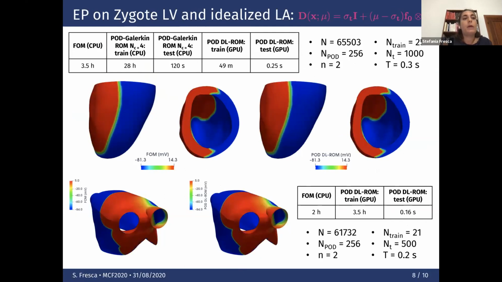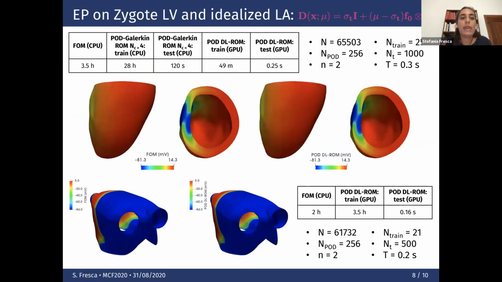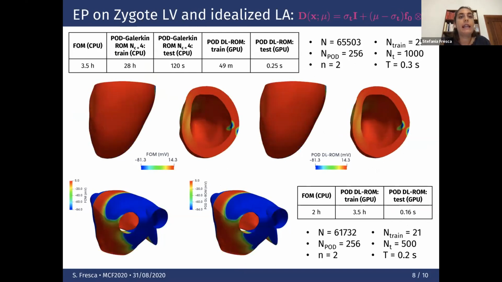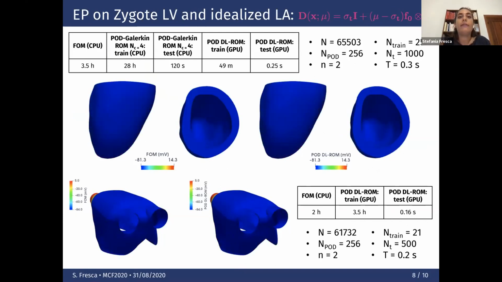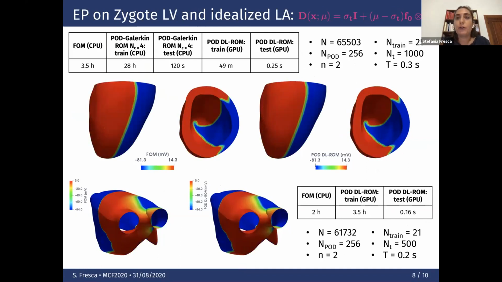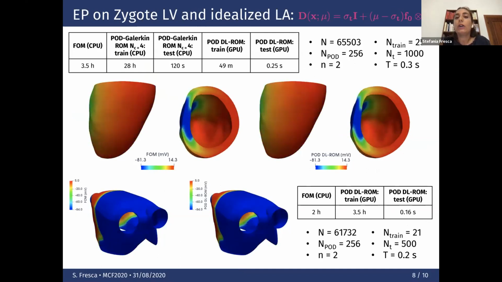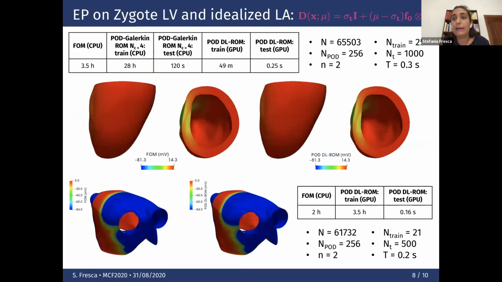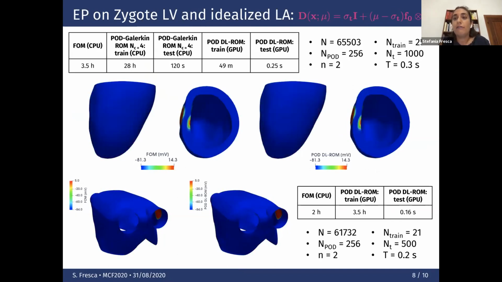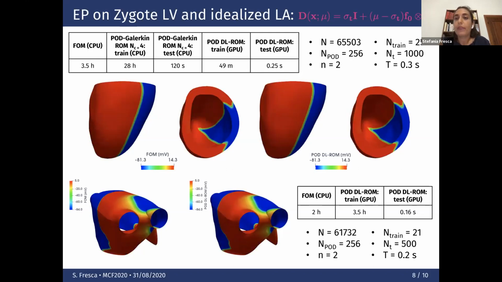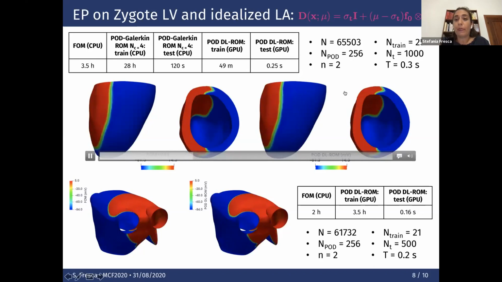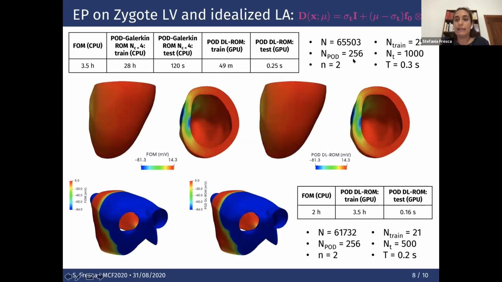Then we move to physiological EP on the Zygote template left ventricle geometry and on a tetrahedralized left atrium. Here, the conductivity tensor has the definition as in the slide, where the conductivity in the fibrous direction is the parameter. The FOM and the N_POD dimensions are the ones in the slide.